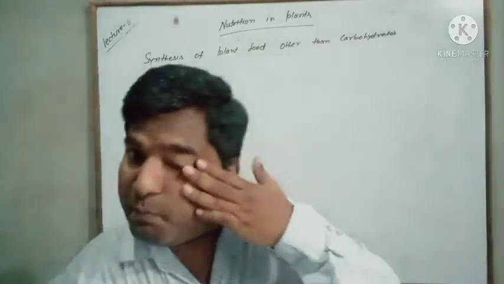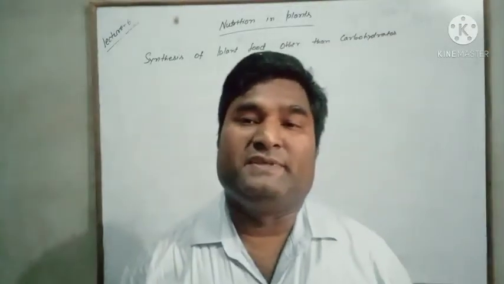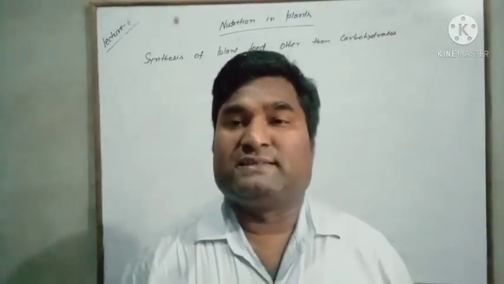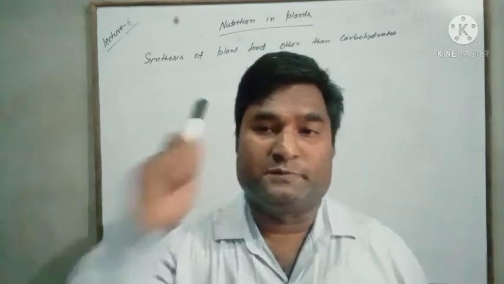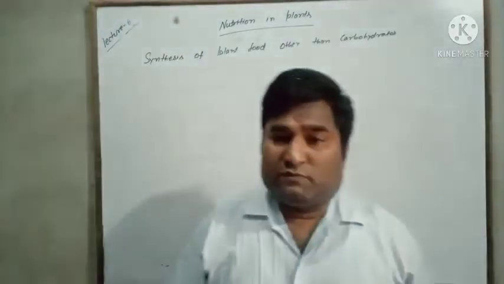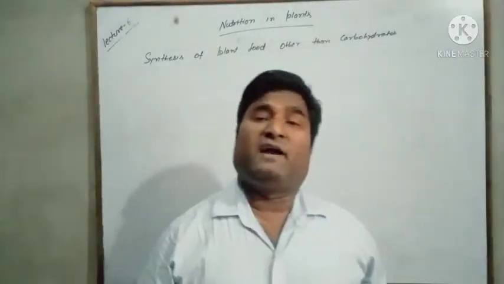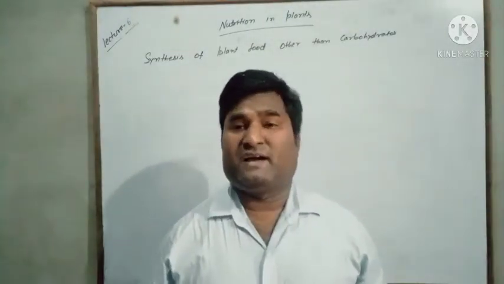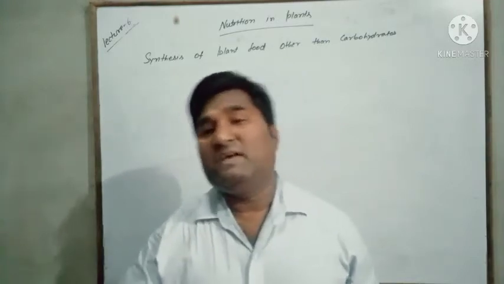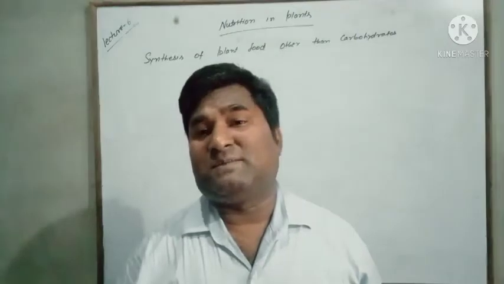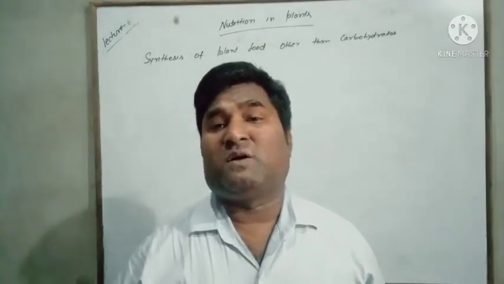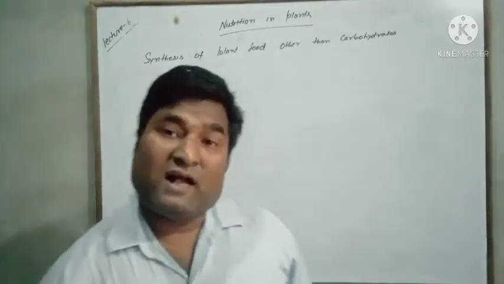One small point that I missed from the NCERT, and that I want to include in today's video. We get carbohydrate, protein, fat, vitamin, mineral, everything from the plant. But we have only discussed the synthesis of carbohydrates.